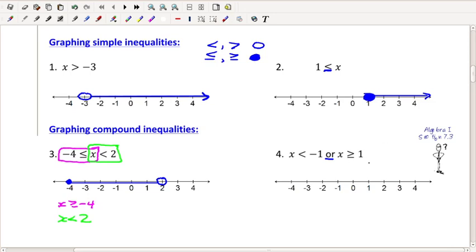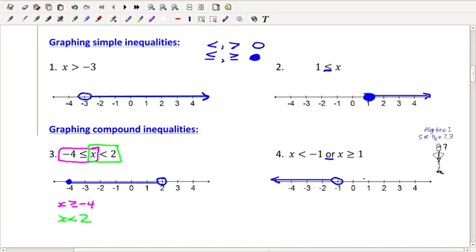When we have an or inequality, we do them each separately. So again, we have two inequalities that we're dealing with, but we can take them one at a time. So x is less than -1. I'm going to go to -1, open circle, because there's no equals, and less than is to the left.